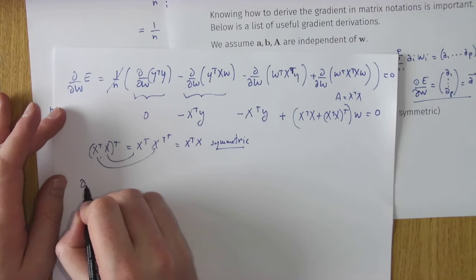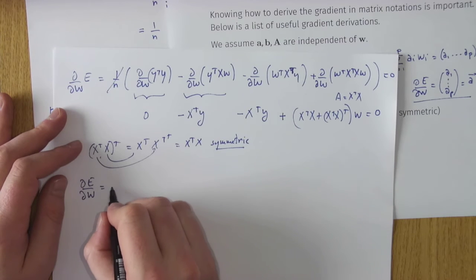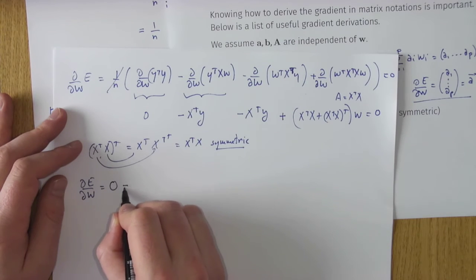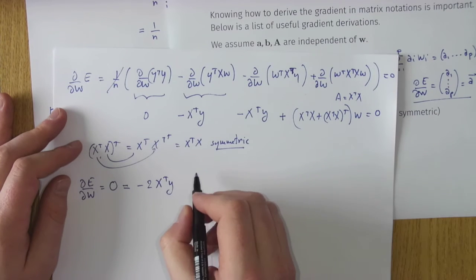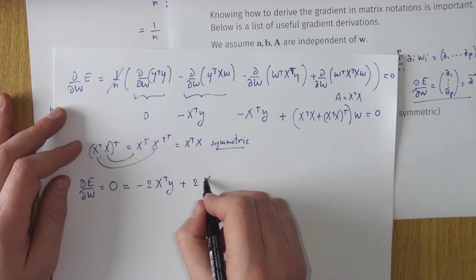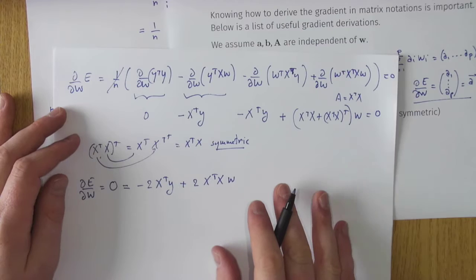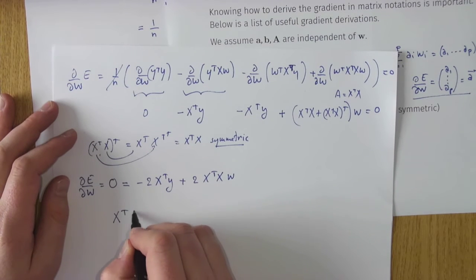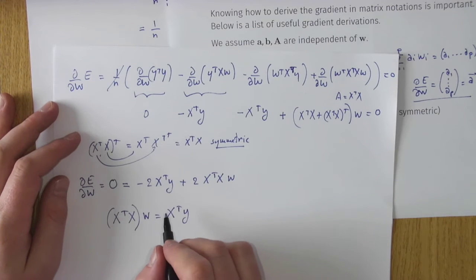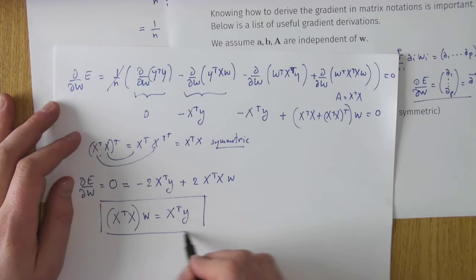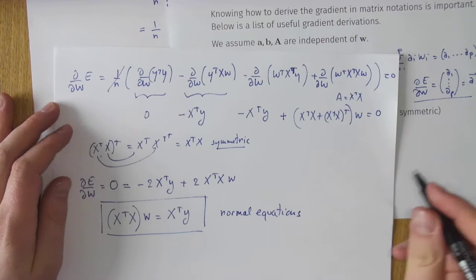So we have the gradient of the loss function equal to a vector of zeros, and it's equal to minus 2 X transpose Y plus 2 X transpose X, these two terms, times W. You put things in the right place, and you have X transpose X times W equals X transpose Y. And this is, again, the normal equations.